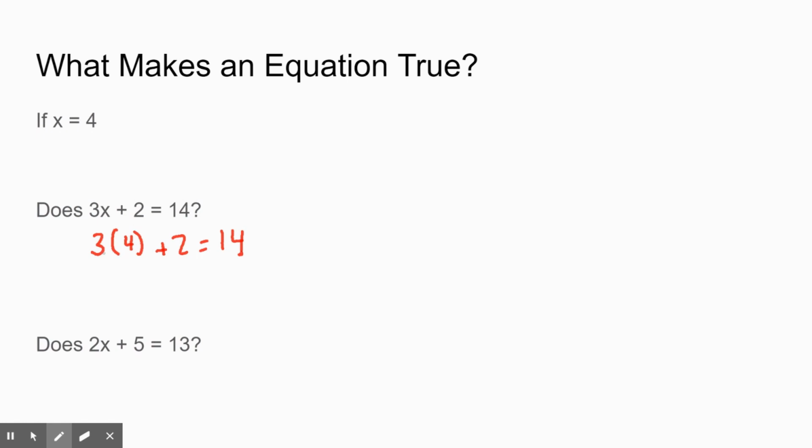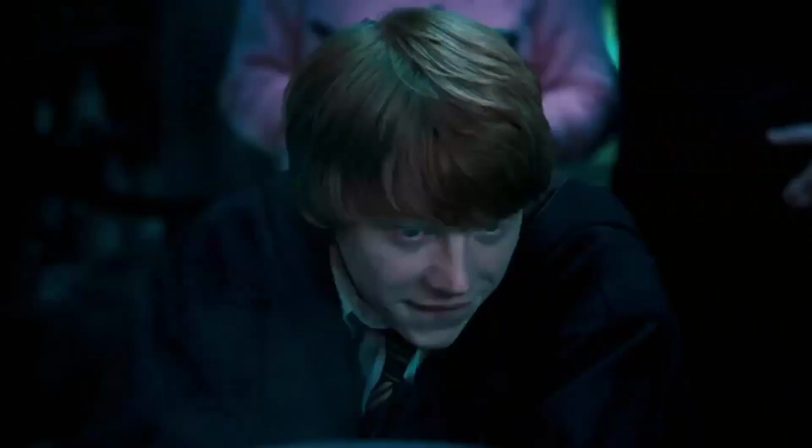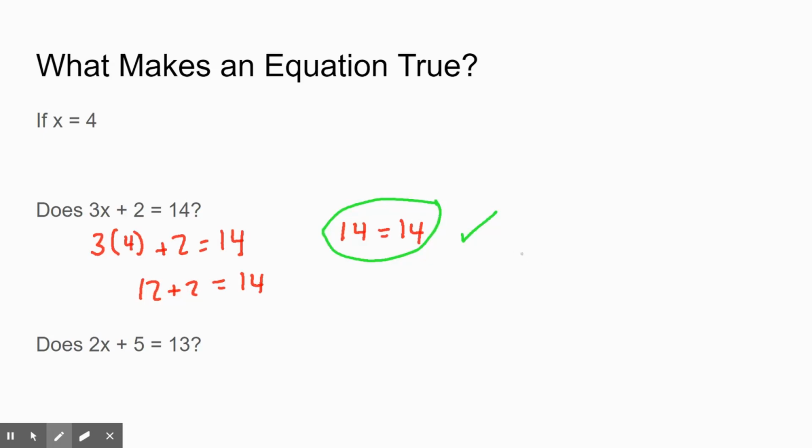We are now just going to do PEMDAS. 3 times 4 is 12. We'll rewrite the rest of our expression. We'll do 12 plus 2 next, which is 14. And last time I checked, 14 is equal to 14. Obviously. So we know that for this equation, x definitely equals 4. That is a true equation.